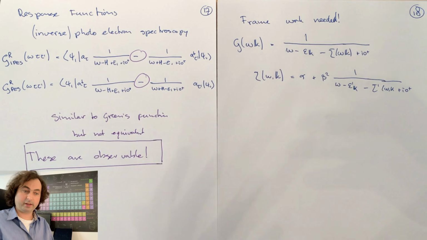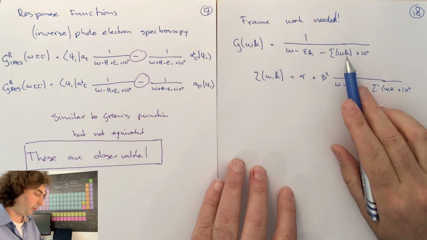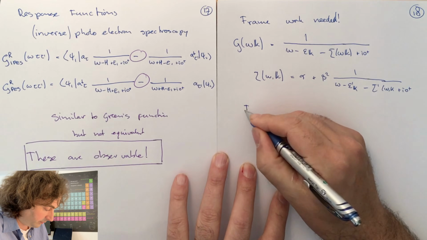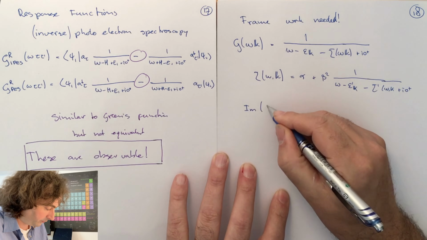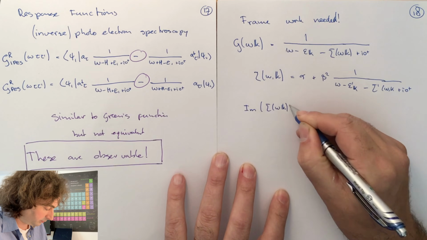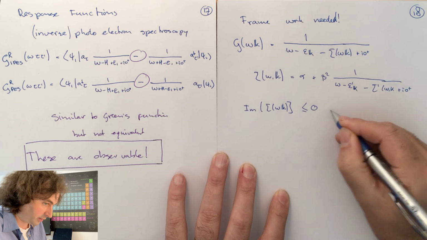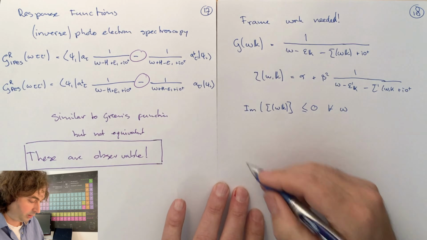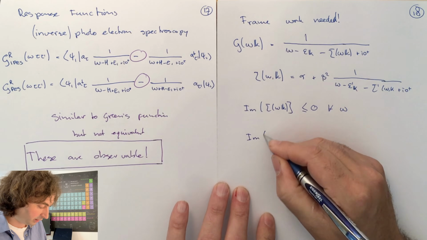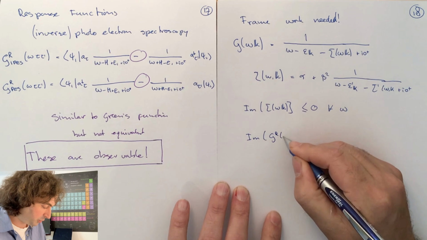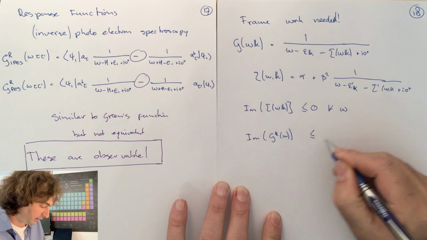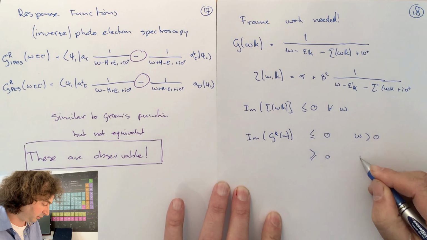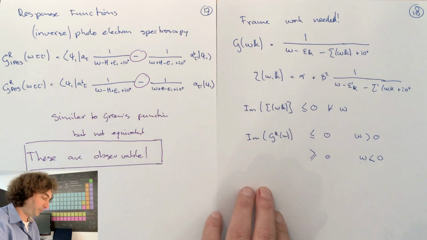Now, in order for this to work, we have to have all poles below the real axis. And that only happens when the imaginary part of your self-energy is smaller than 0 for all frequencies. If we look, however, at the imaginary part of our response functions, then they are smaller than 0 for frequencies larger than 0, but they are larger than 0 for frequencies smaller than 0.